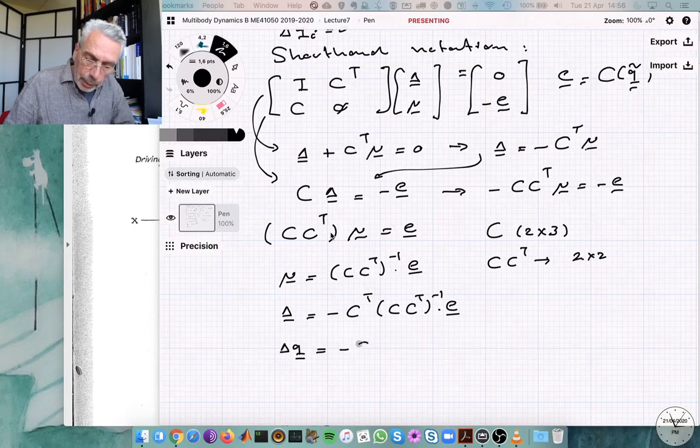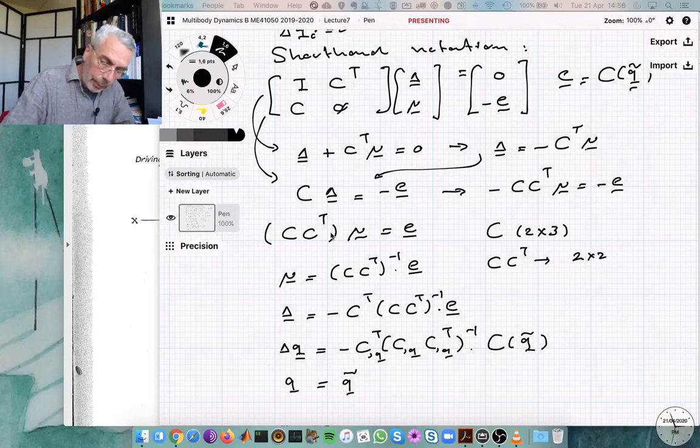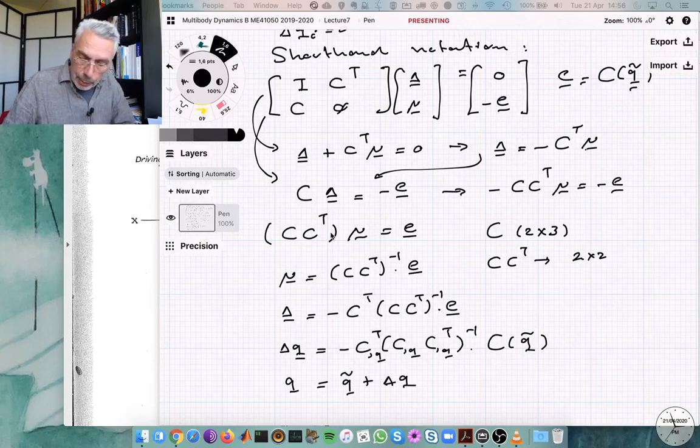Then we have to do minus C transpose, where C is the Jacobian, to the power minus 1 times the constraints evaluated at the estimated value, and then we say the updated value is the estimated value plus our increment. And of course, these are all vectors, right?